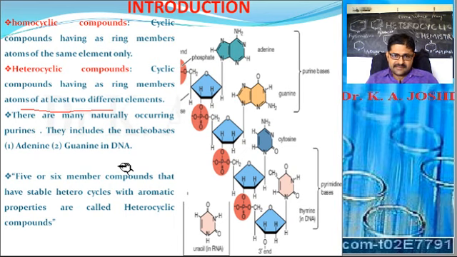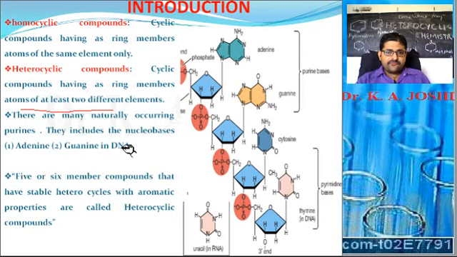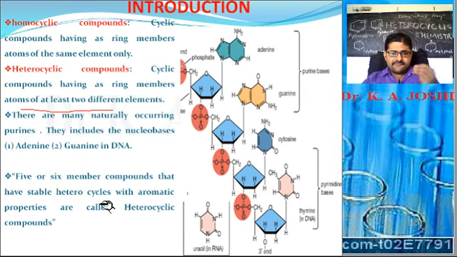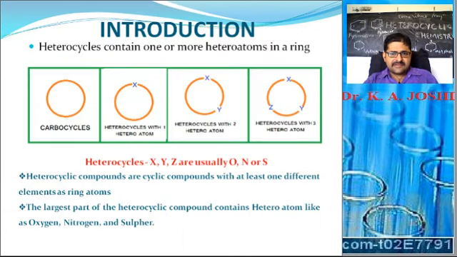In another way, we can say that 5 or 6 member compounds that have stable heterocycles with aromatic property are called heterocyclic compounds. So it's a simple definition: one or two different atoms in a cycle is known as a heterocyclic compound.